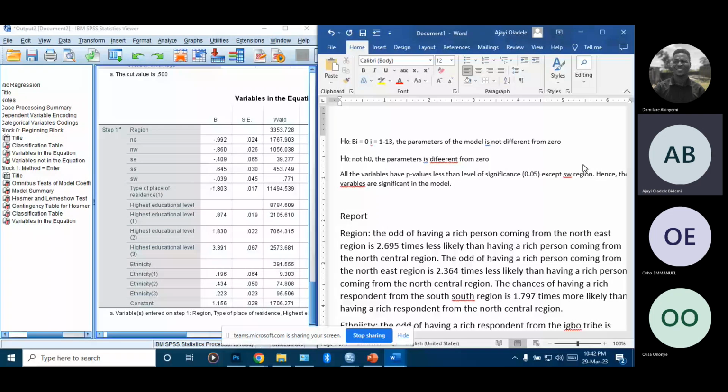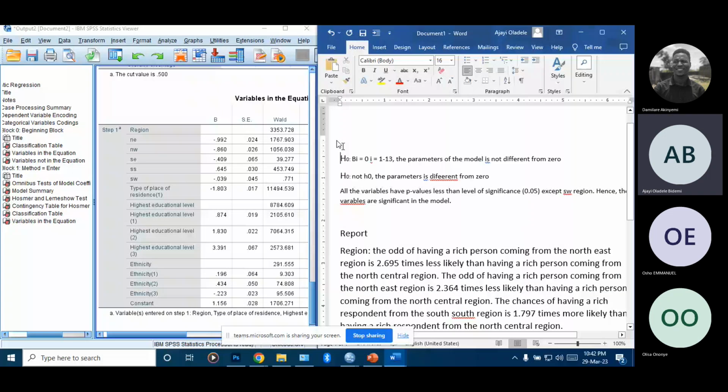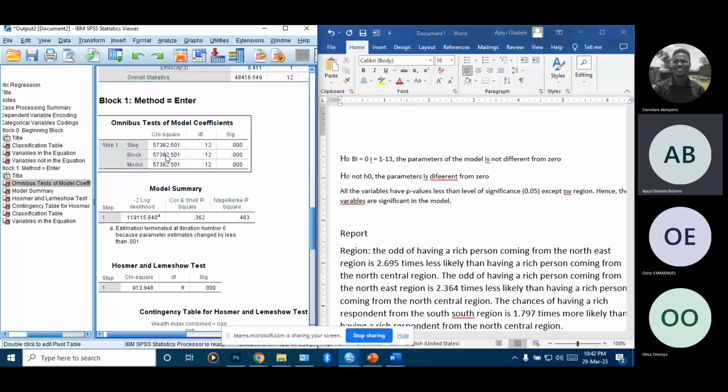Also, before you do these ones, remember we talked about the omnibus test. The omnibus test is up here. The omnibus test is what will come first. The table will be there, you put the table up, and you write the hypothesis for the omnibus test.